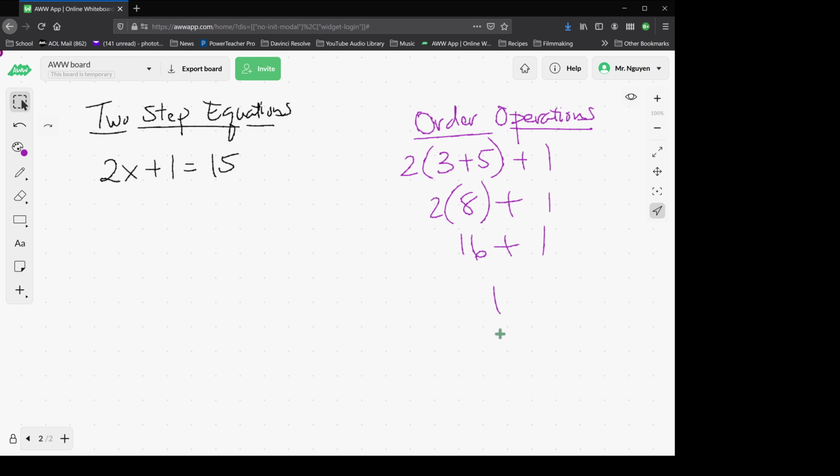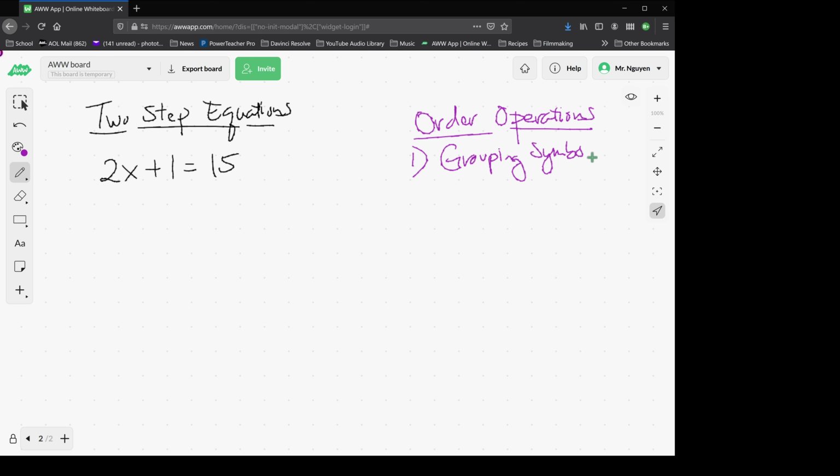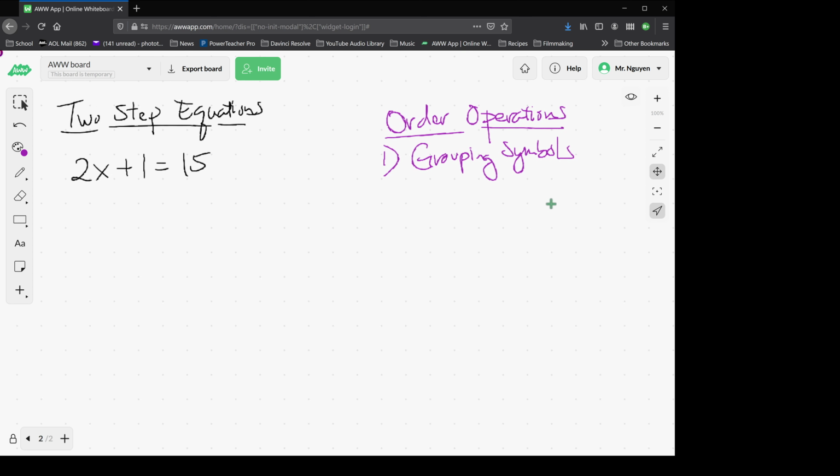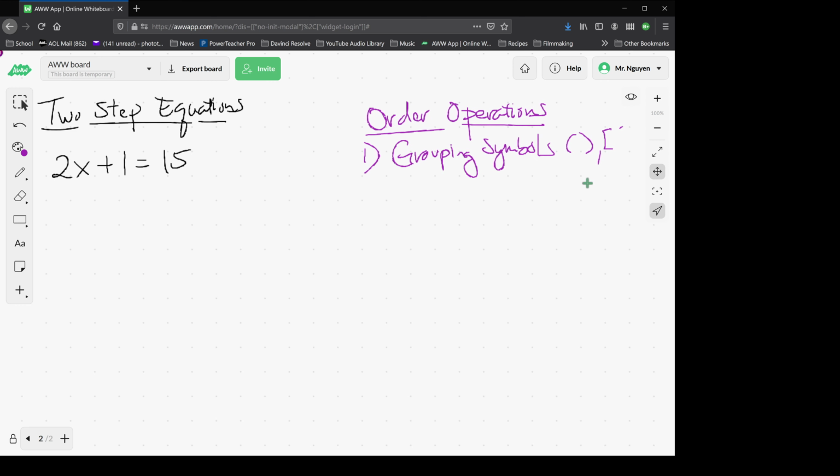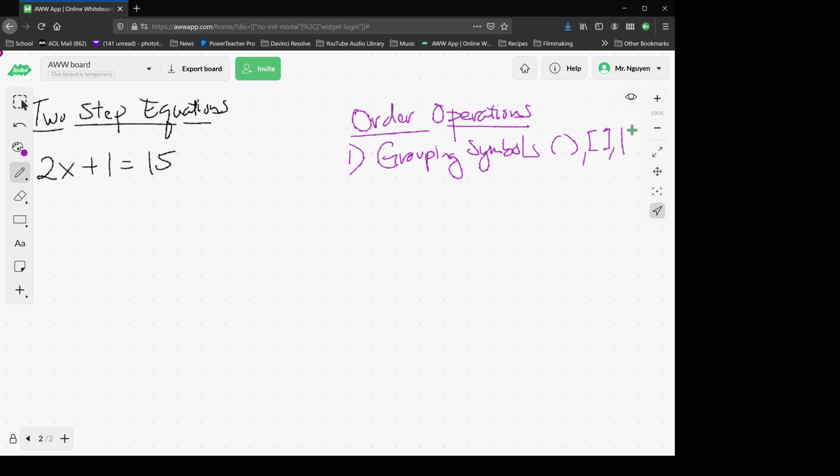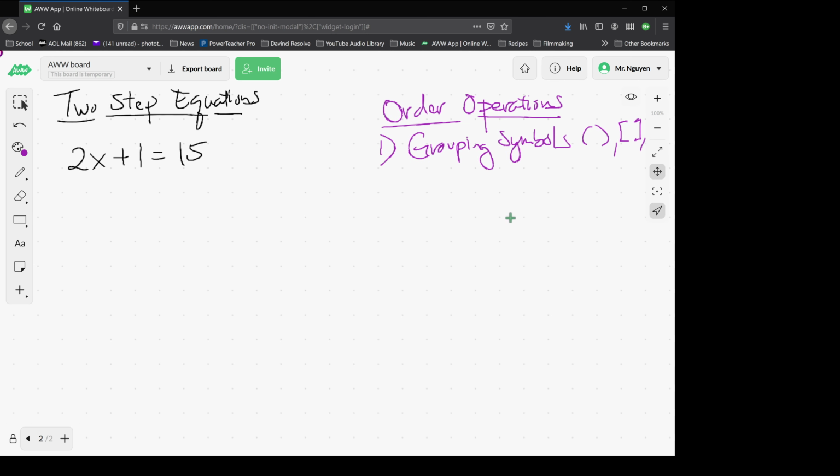Okay, so I'm going to write down the order of operations here. The first thing you have to do for order of operations is take care of the grouping symbols. And grouping symbols can be parentheses, it could be brackets, it can even be absolute value signs. Okay, it can be all those things.